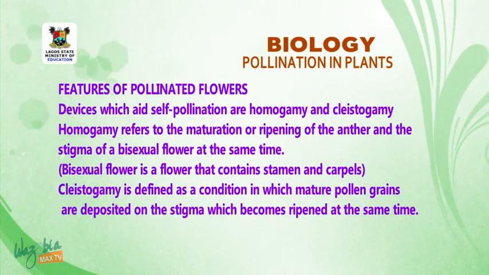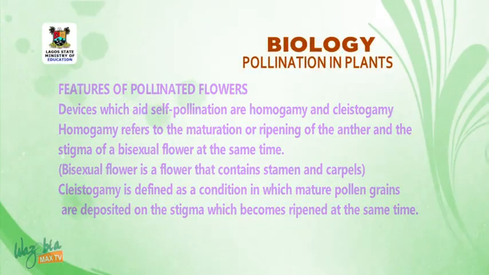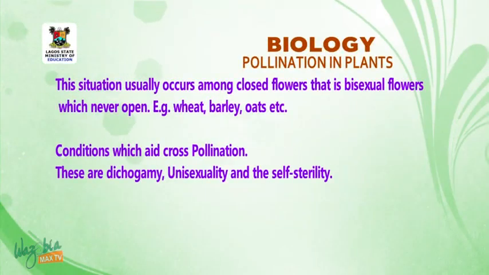Cleistogamy is defined as a condition in which mature pollen grains are deposited on the stigma which becomes ripened at the same time. This situation usually occurs among closed flowers, that is, bisexual flowers which never open, e.g., wheat, barley, oats, and so on.